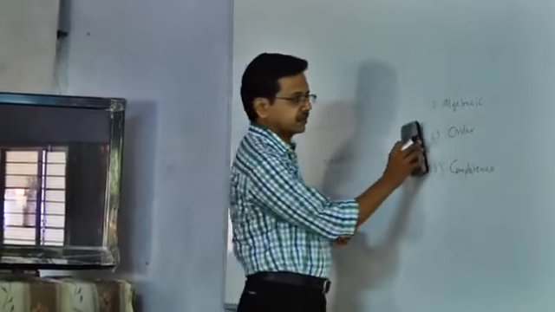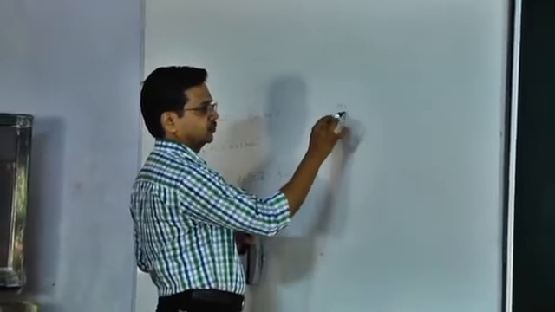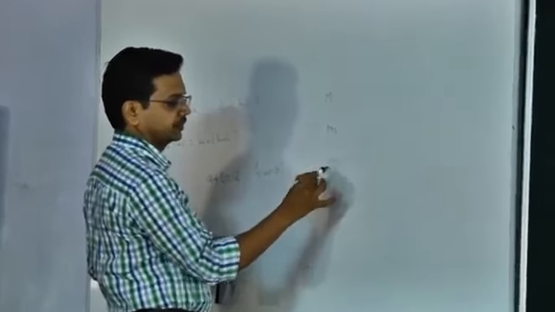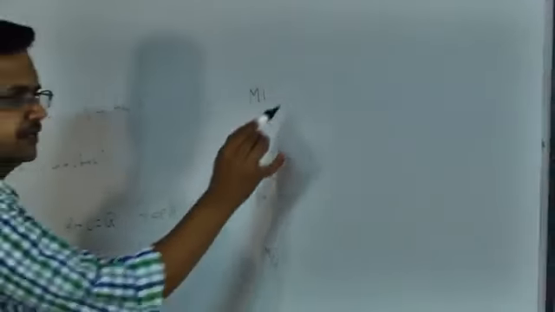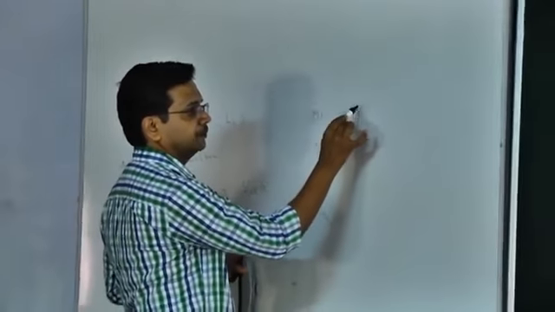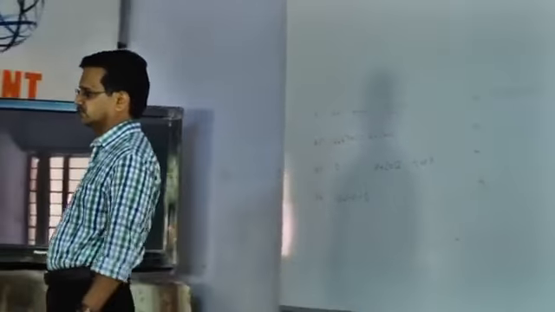Next, we state the algebraic properties relating to multiplication. There are also 4: M1, M2, M3 and M4. The M1 property is, for any 2 real numbers, A dot B is equal to B dot A. Meaning, multiplication is also commutative, just like addition.